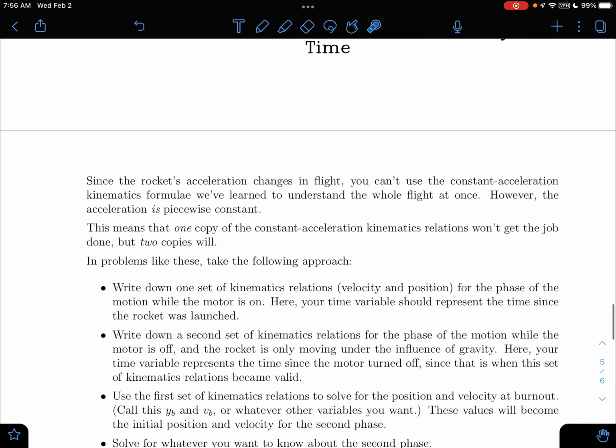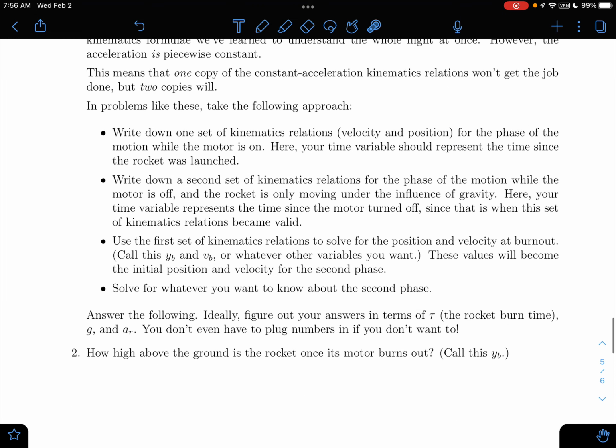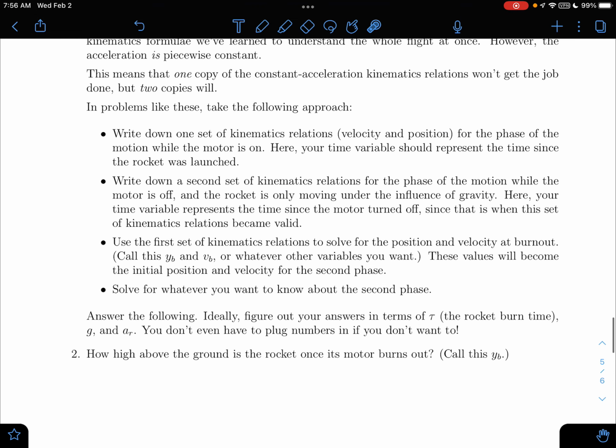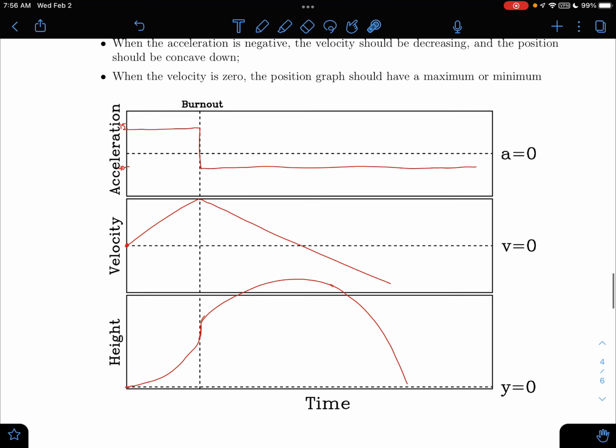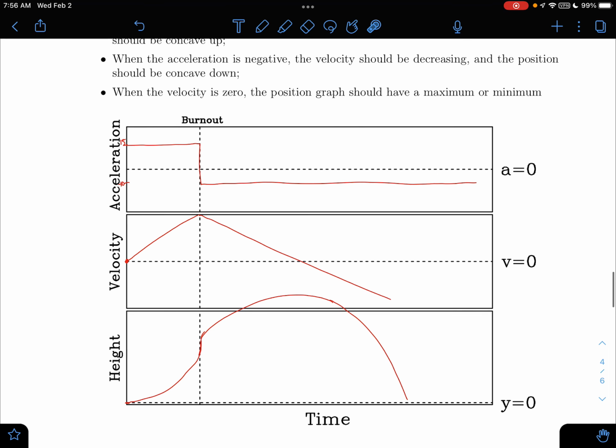All right, so now we have some variables. Our acceleration, clearly, throughout all of this, isn't constant, and this is causing some problems. But what we can do is break it up into pieces and apply constant acceleration during this chunk and constant acceleration during this chunk.